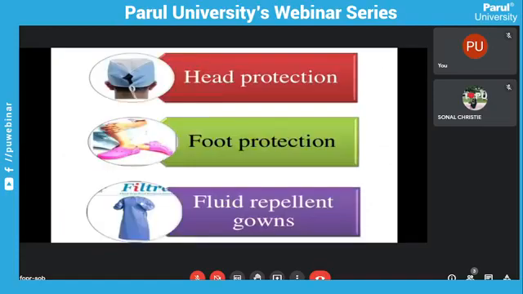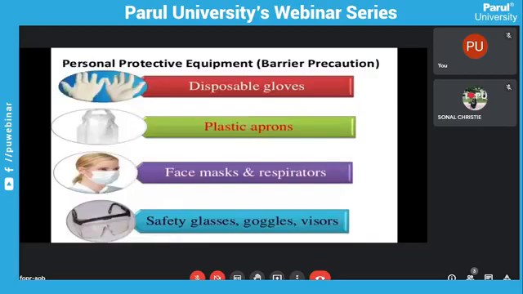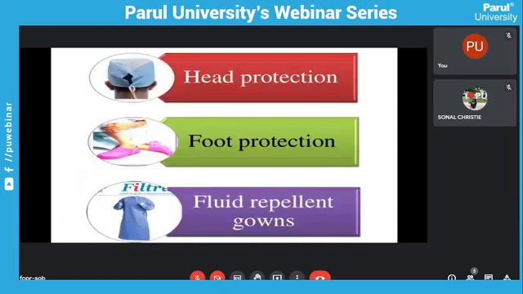Then head protection, foot protection, then fluid repellent gowns, that is non-absorbable gowns. These will help in controlling infection.